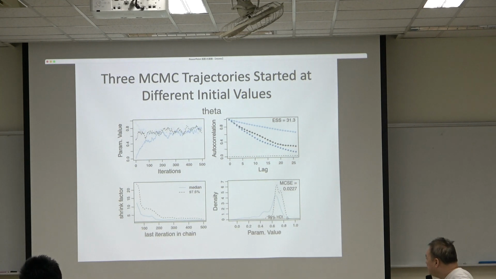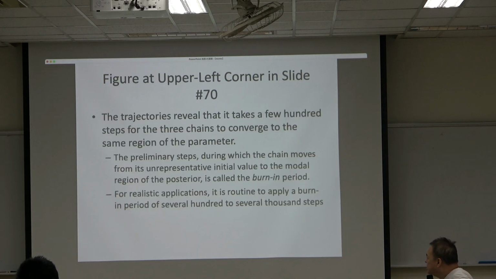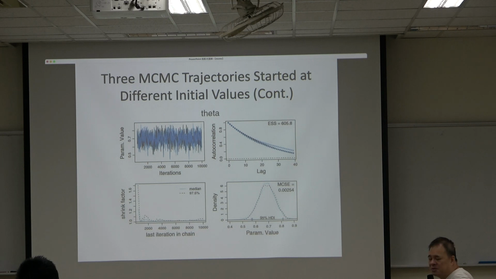And so the upper left corner indicates the parameter value, or the trajectory of different chains.